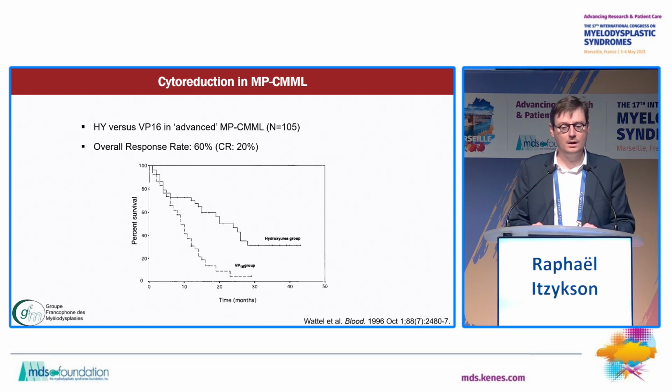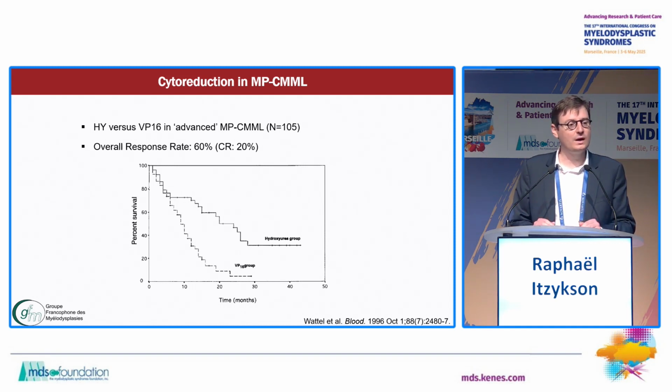So this is, to the best of my knowledge, the first CMML-specific randomized clinical trial that was ever conducted, and this was done by Eric Wattel and a number of GFM investigators in the 1990s, comparing two different cytoreductive strategies in CMML, hydroxyurea versus oral etoposide.